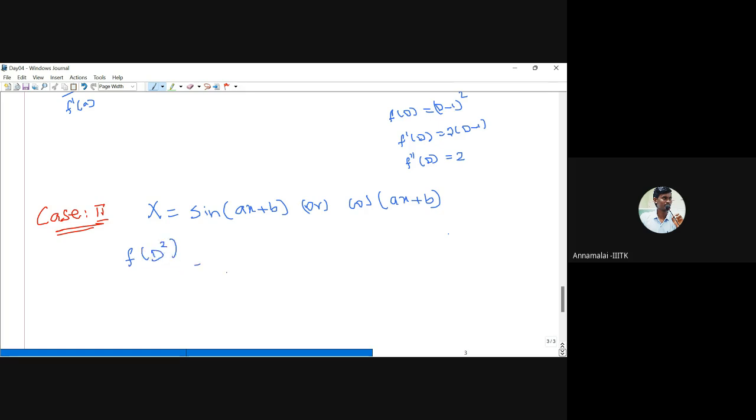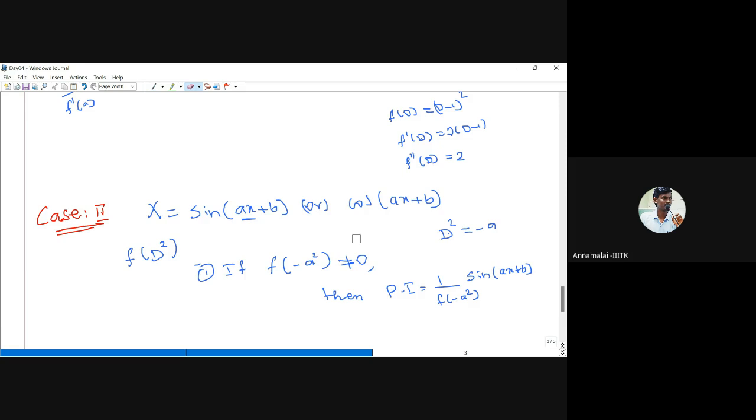In the first case, we have to look at what is f of minus a square, that is, we substitute D square equal to minus a square in f of D. Suppose it is non-zero, then the particular integral is 1 by f of minus a square times sine of ax plus b. Suppose your right hand function is cos, you can take cos.